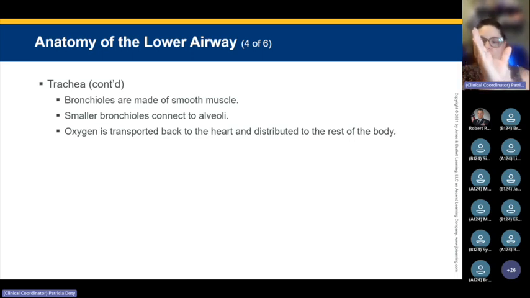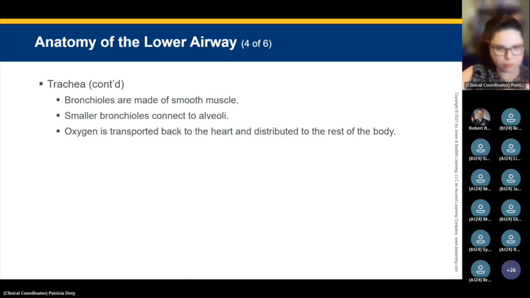So the oxygen will diffuse over into that area, and then carbon dioxide replaces it. So when the body is exhaling, when the lungs are allowing the air to be released back out into the atmosphere, now it's full of carbon dioxide. I hope that made sense.